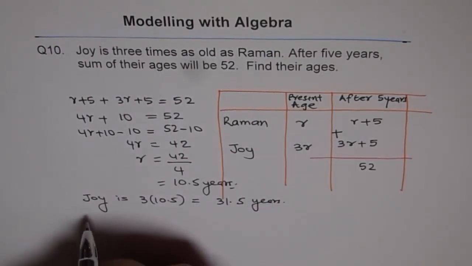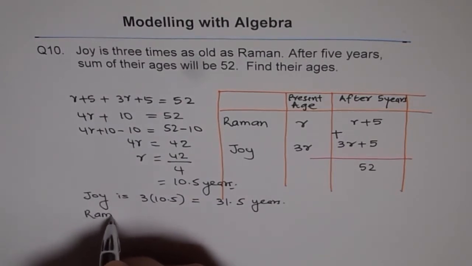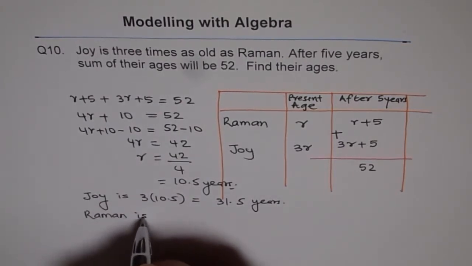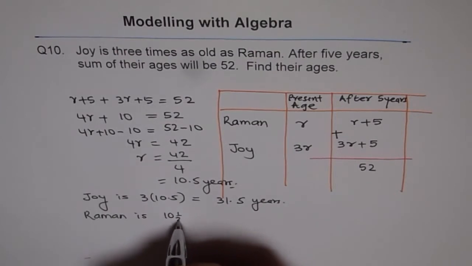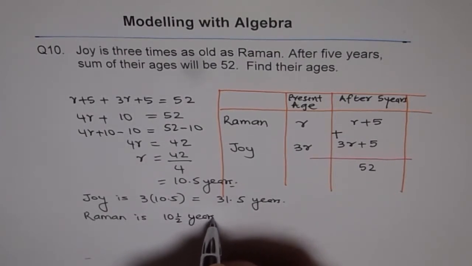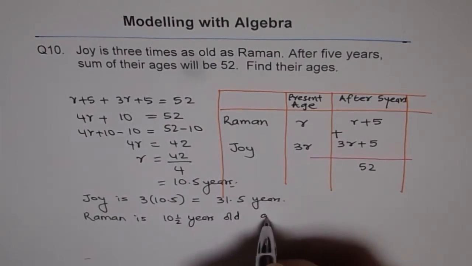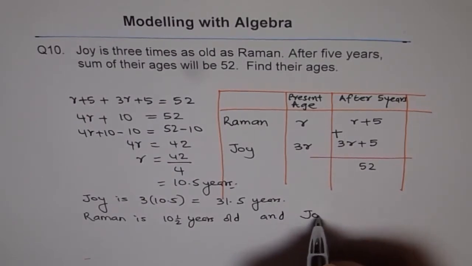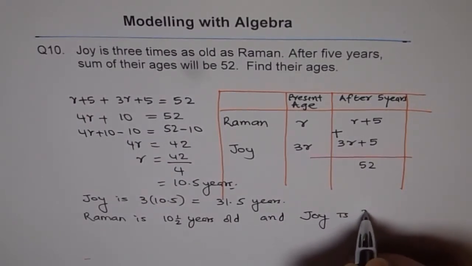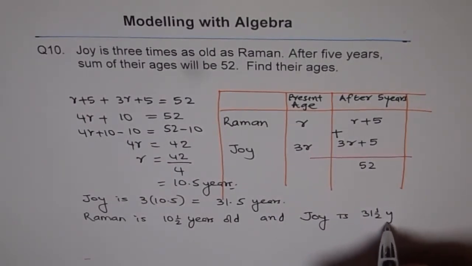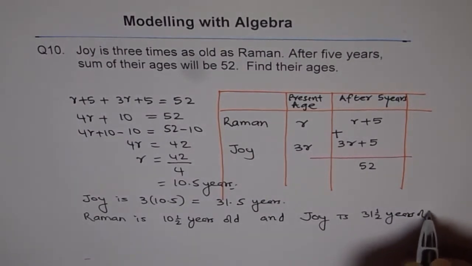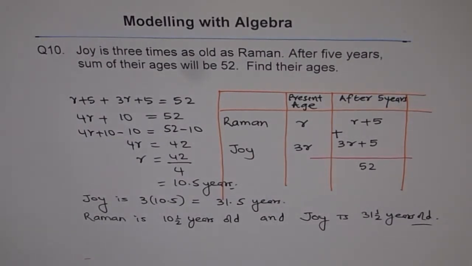So we get Raman is 10 and a half years old and Joy is 31 and a half years old. Interesting, right? So sometimes you may get answers in decimal. What to do? These are just the numbers we are working with, correct? So that's how it is.